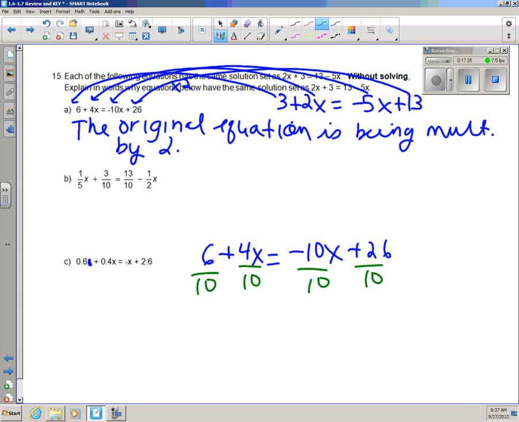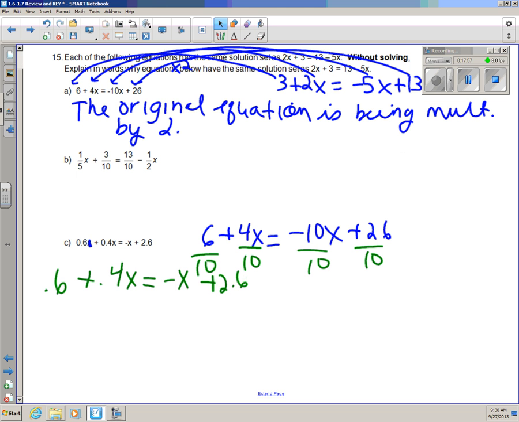6/10 is just 0.6. 4/10 is just 0.4x. Negative 10 over 10 is just negative x. 26 divided by 10 is 2.6. That's all they did. So they took equation A and divided everything by 10.